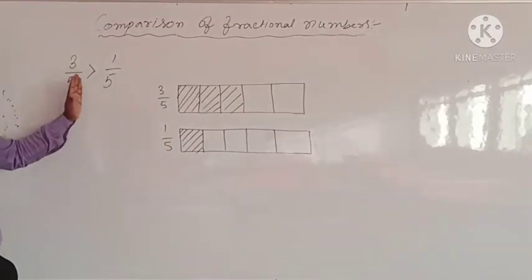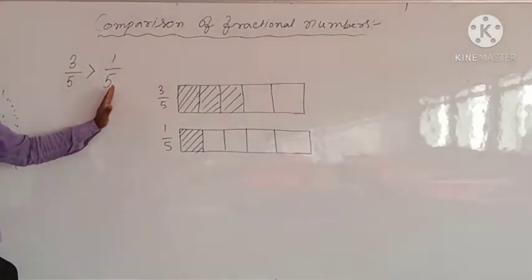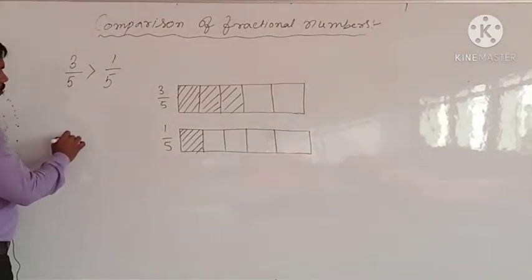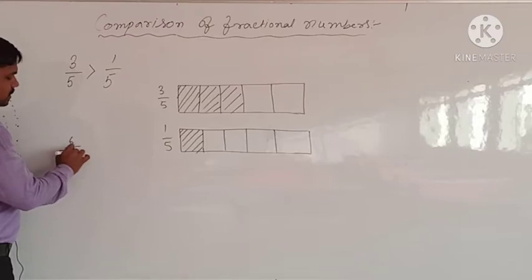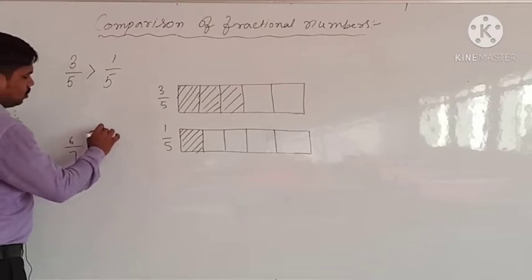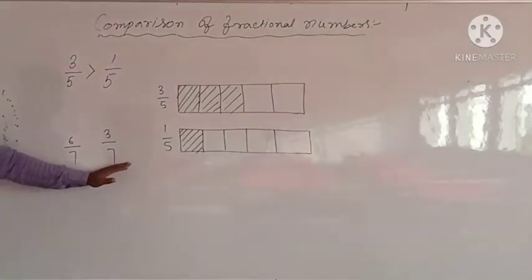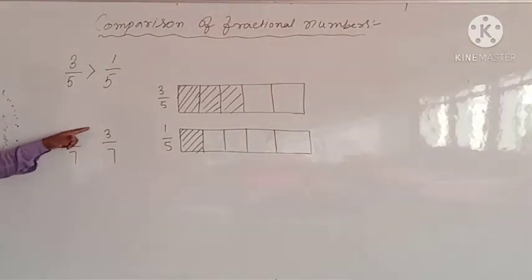If both the given numbers are like fractional numbers, for example 6/7 and 3/7, these two numbers are also like fractions because the denominators are the same. In that case we will check the numerator only.